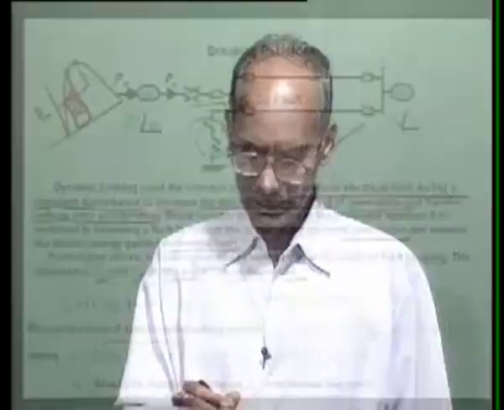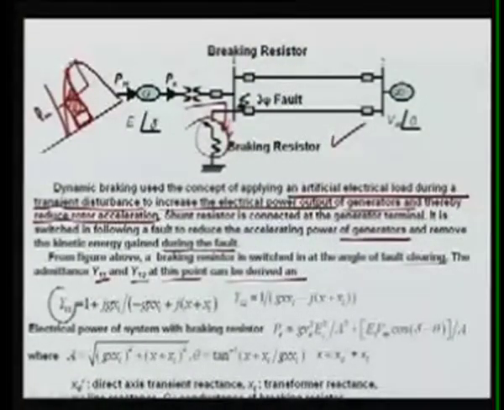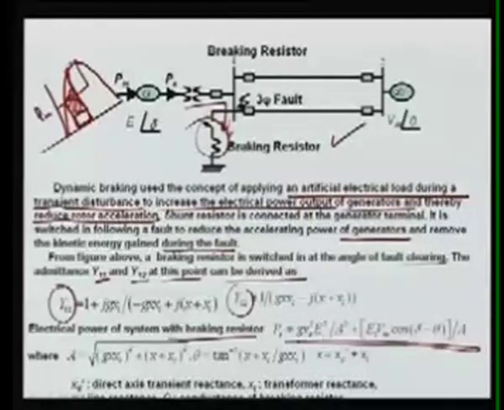So at this bus we can form the Y11 and Y12, and we can get the seen impedance at this bus, and then the electrical power of the system with the braking resistance can be calculated by this equation, where A will be this. It can be mathematically solved, and we should not go into the complex mathematical derivations.